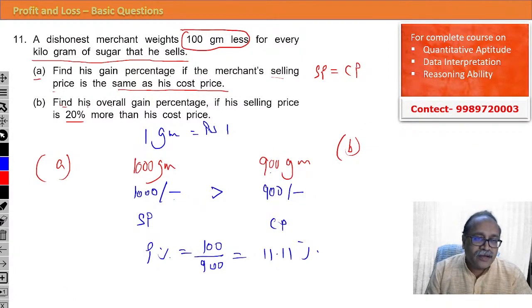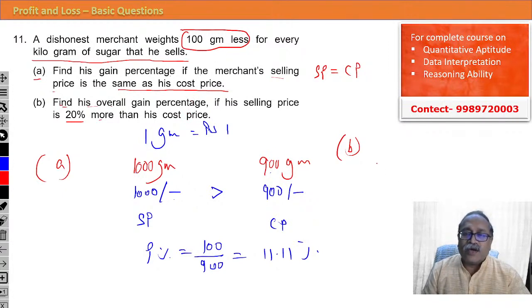Okay. Find his overall gain percentage if his selling price is 20% more than the cost price. अब देखिए इसको दो तरीके से कर सकते हैं. So in one case, this is 1000 grams, right? In 1000 grams, he gives how many grams? 900 grams. So this is his CP. This is his CP Aman, and this is his SP. अब ये ओरिजिनल SP नहीं है.